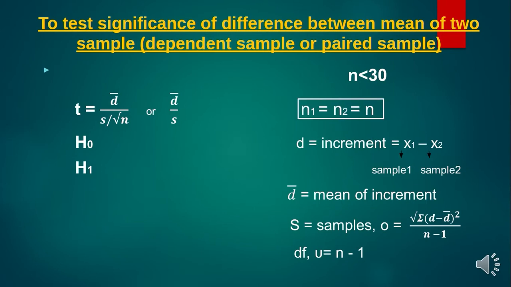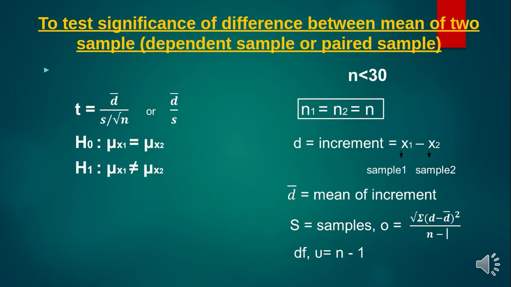The size of each sample is the same, that is n1 is equal to n2 is equal to n. If there is no difference in the sample data before and after the advertisement, then mu x1 is equal to mu x2. If there is any difference in the sale before and after the advertisement, then mu x1 is not equal to mu x2.